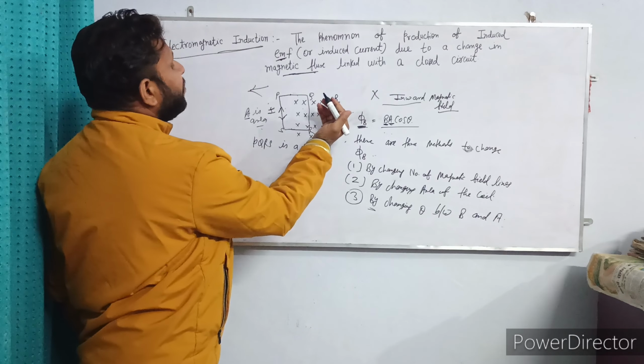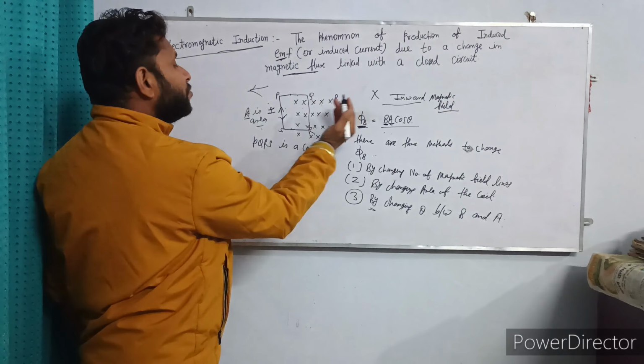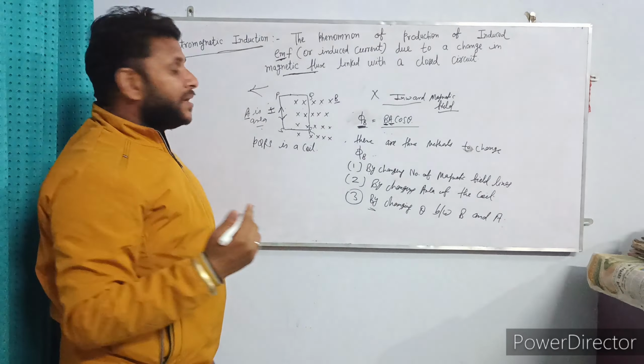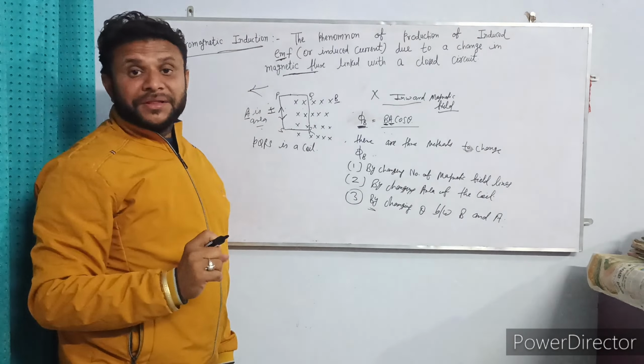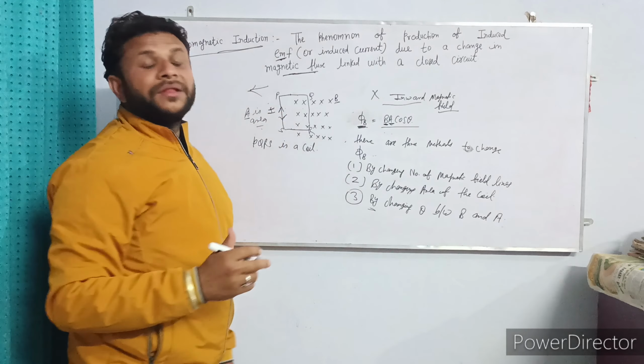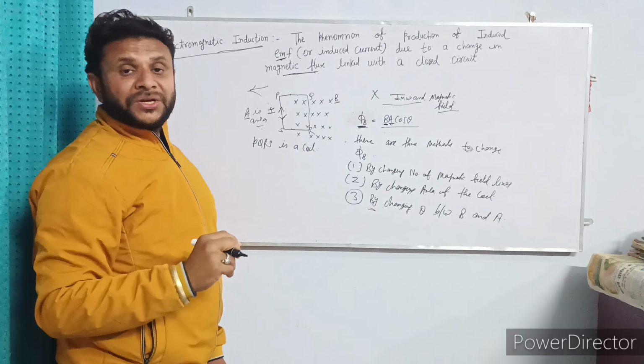And if we move the PQRS coil towards the left, then the number of magnetic field lines covered by the area of the PQRS will decrease.